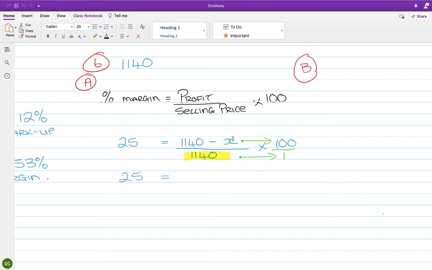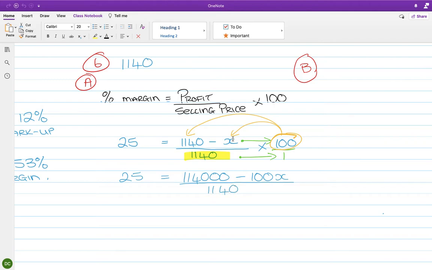So I'm going to multiply 100 by these two things. So I'm going to do this multiplication first and this multiplication second. Yeah? So the first one is 114000. And the second one is just going to be 100x. Okay? And then the bottom line is just 1140 by 1, which is just 1140.